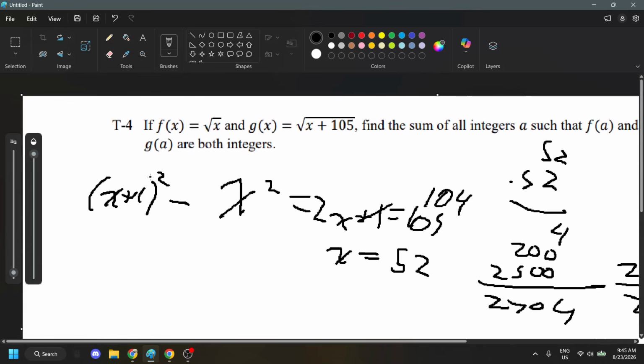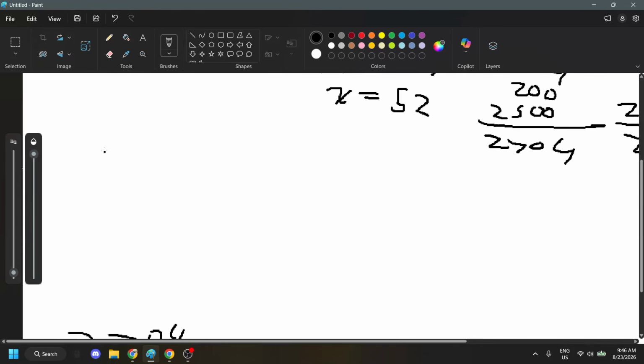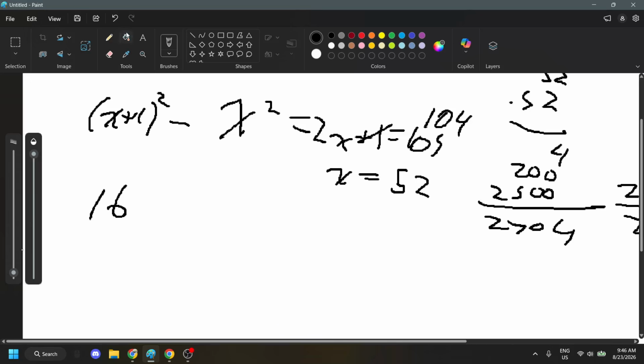And then we have to go up from here. So if we put 0 and we get 105, which isn't a square, we need to look at 121, which is 16 plus 105, so that works. 16 and 121. 16 works.